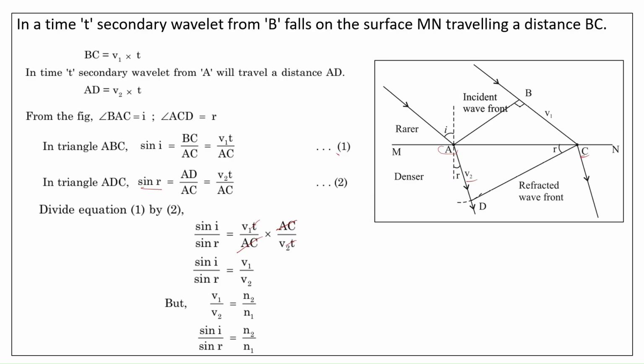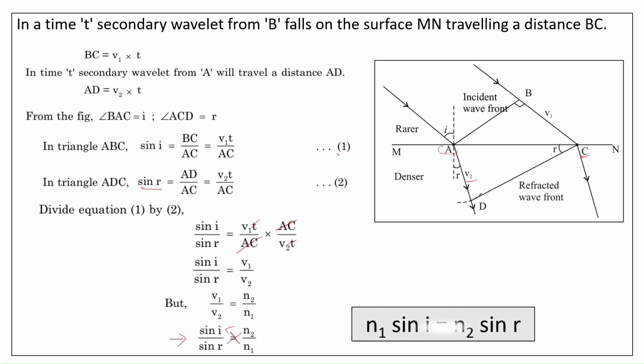But V1 by V2 is equal to N2 by N1. Therefore, sin I by sin R is equal to N2 by N1. On cross multiplying we get N1 sin I is equal to N2 sin R. This is the expression for Snell's law for a plane wave undergoing refraction using Huygens principle.